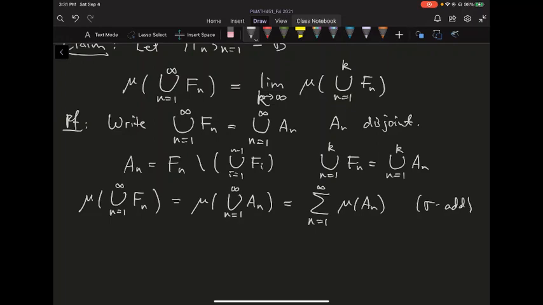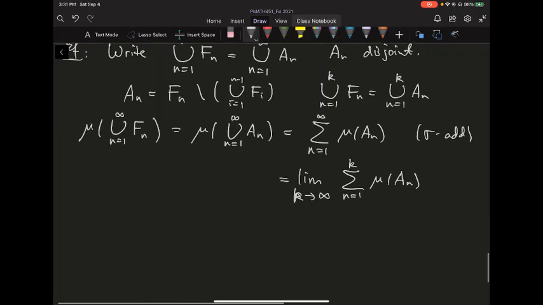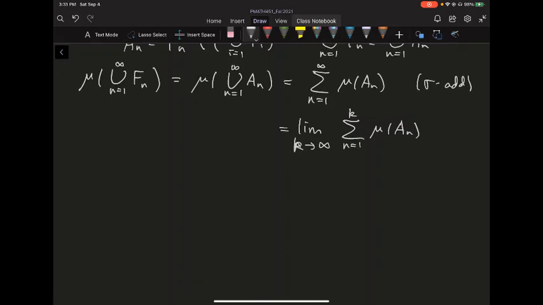All right, so what is this infinite sum? By definition, the infinite sum is just the limit of the partial sums. So let's do the kth partial sum of these mu of An. This is just the definition of this infinite sum.